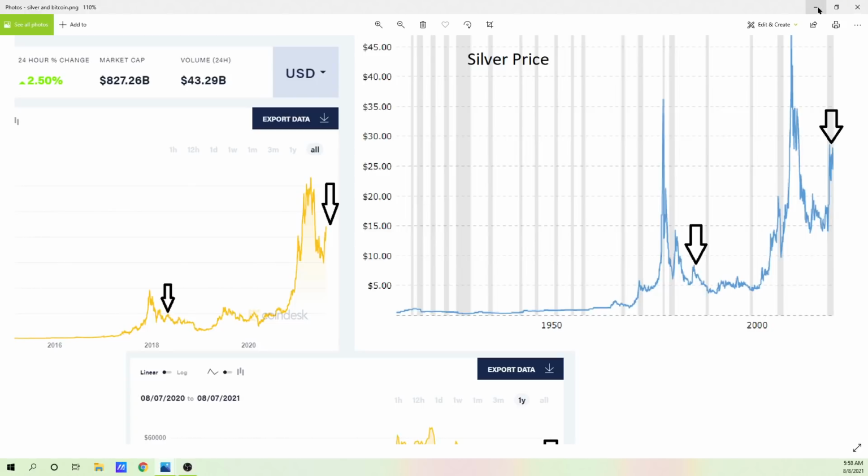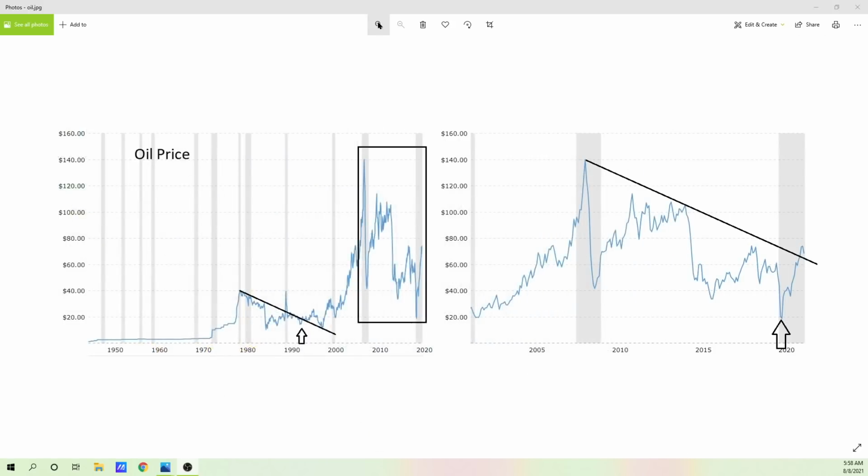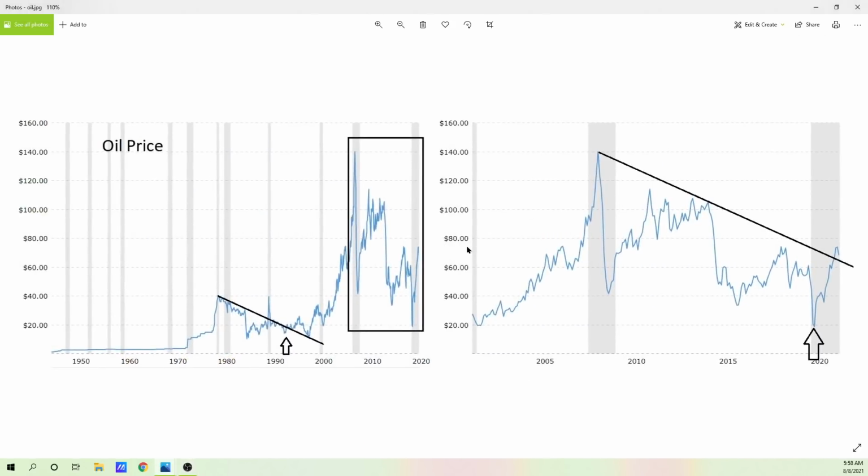Now, I've got more here. Here's the oil price. What's absolutely insane about this is it's the same pattern. I've got the entire market here of oil, the entire history that I can pull. On the right-hand side is zoomed in from 05 to 2021, and this is the pattern it makes.